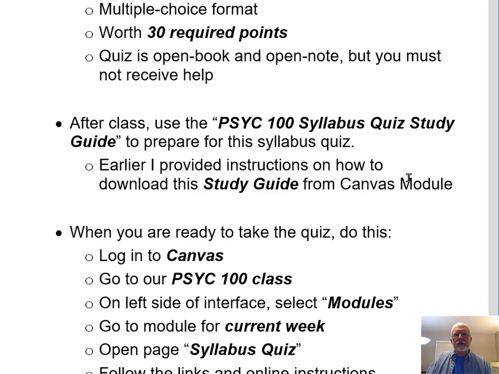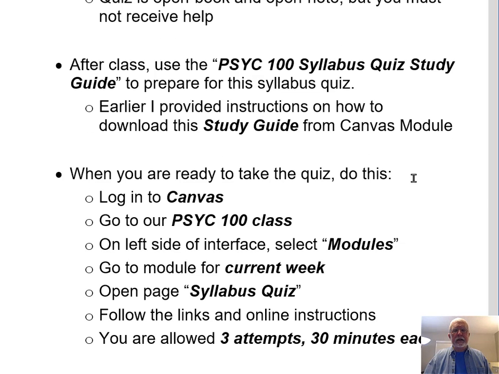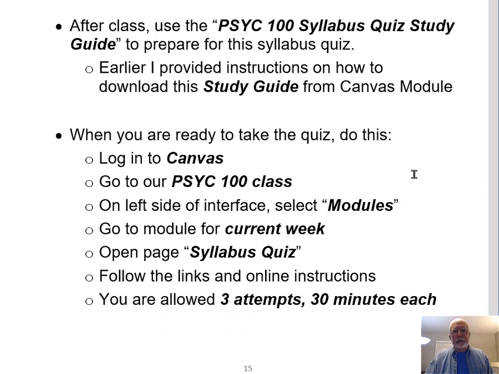Earlier, I gave you instructions on how to locate and download this study guide from Canvas modules. You'll have the syllabus in one hand, you'll have the study guide for the syllabus in the other hand, and you will get ready for the quiz. When you're familiar with the syllabus and you feel like you're ready for the quiz, then you'll take it by doing the following.